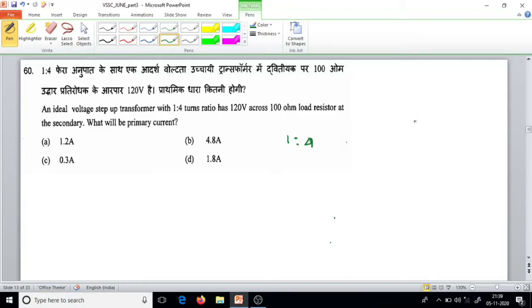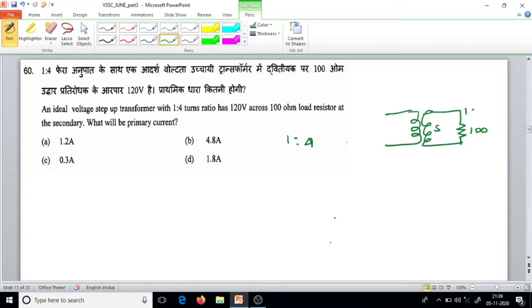So at the secondary, an ideal step-up transformer with a turns ratio 1:4. Let's draw a diagram. This is the primary, this is the secondary. Here we have a 100 ohm resistor.